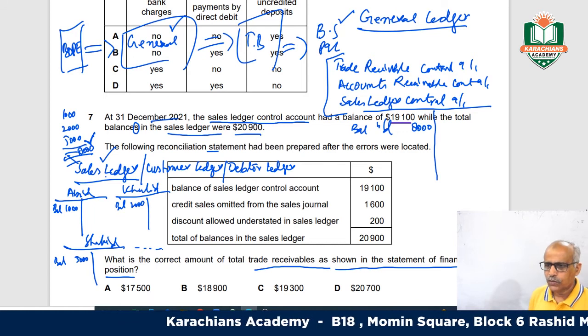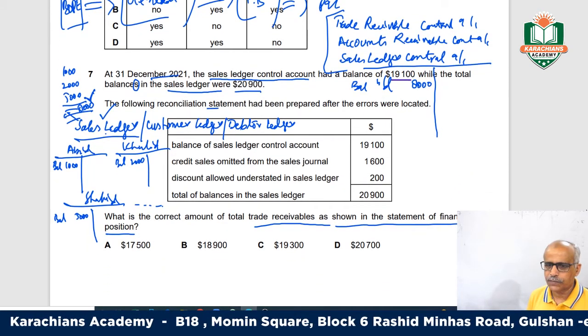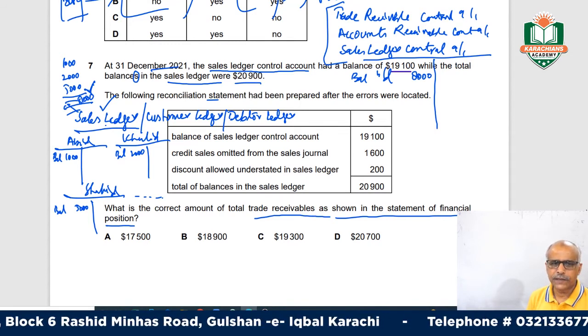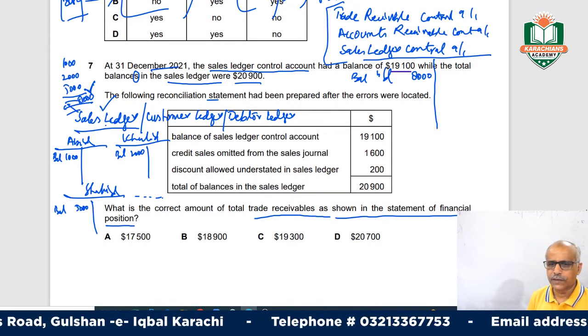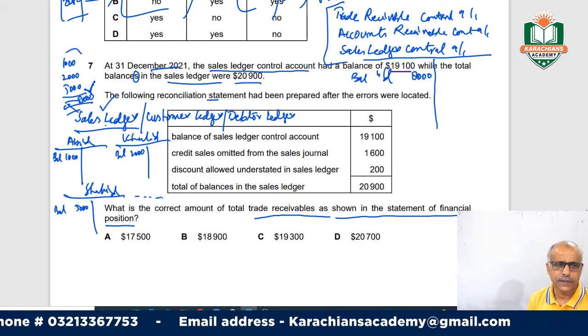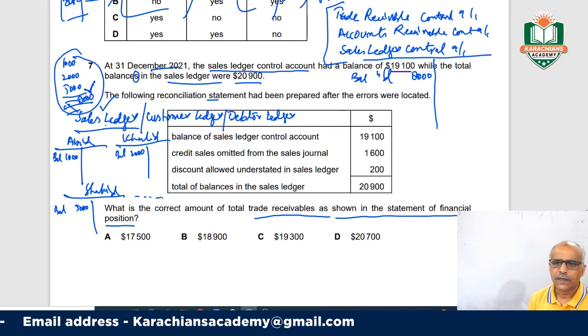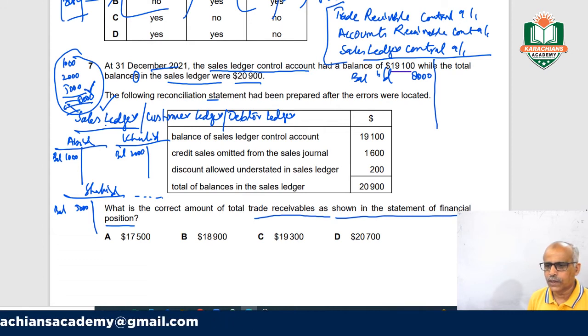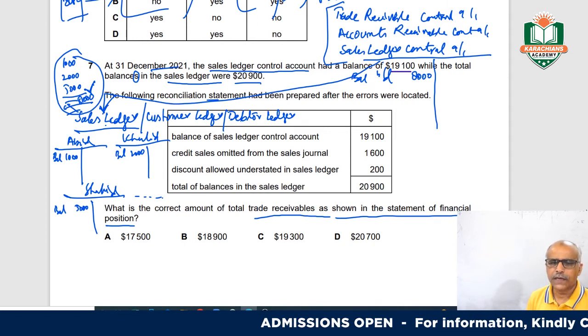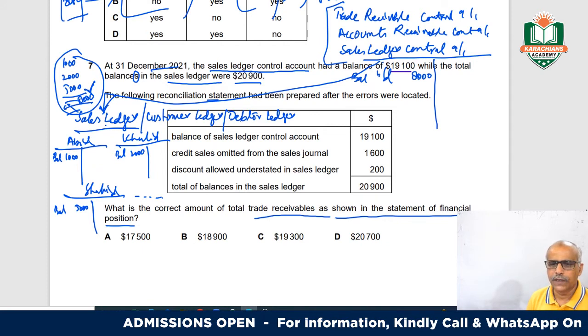So what is required here is the following reconciliation. Balances of the sales ledger control account. As I explained, your control account will always be equal to the total sales ledger balances, and the closing will be equal to them.